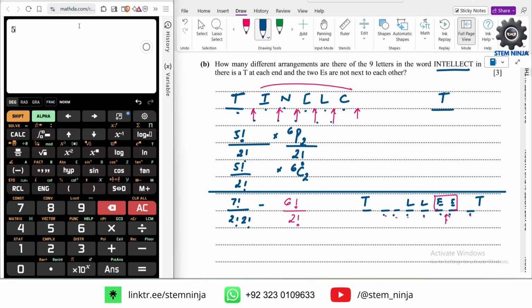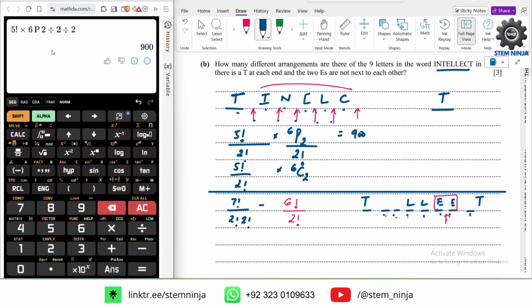So the first one, 5 factorial times by 6P2 divided by 2, divided by 2, 900.